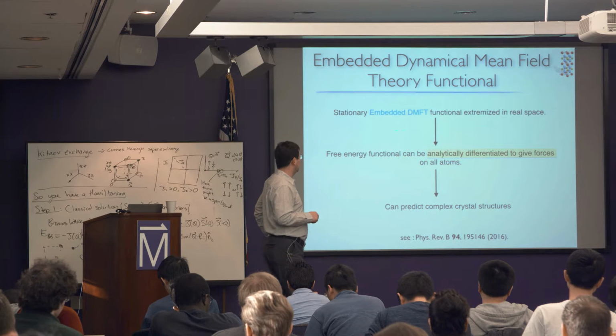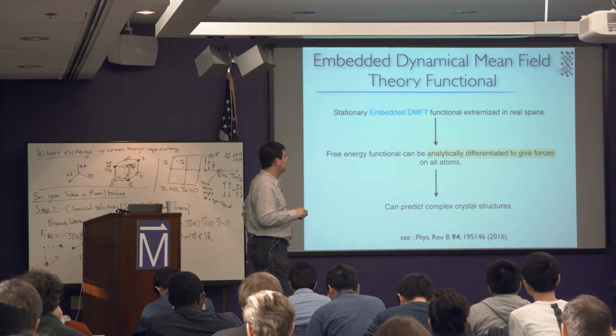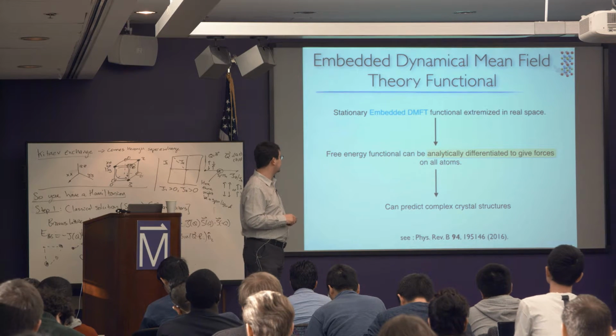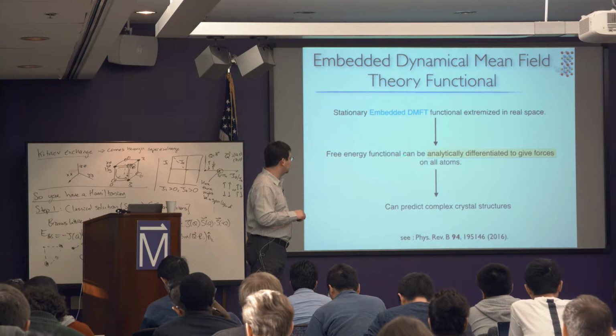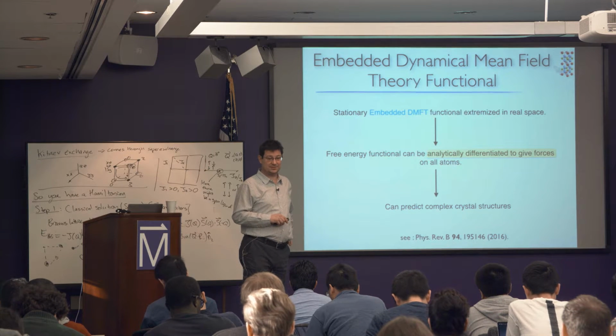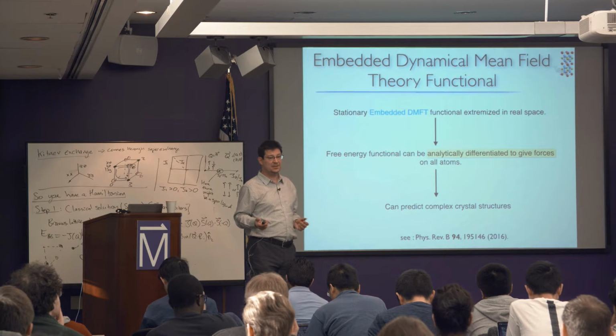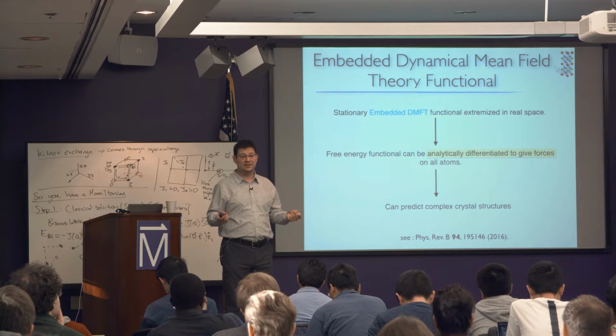Now, because we have a stationary functional, it can be extremized. Moreover, one can take the analytic derivative of this functional to get the force. And once you have the force on all atoms, we can predict crystal structures. Why is it important to derive this analytically?